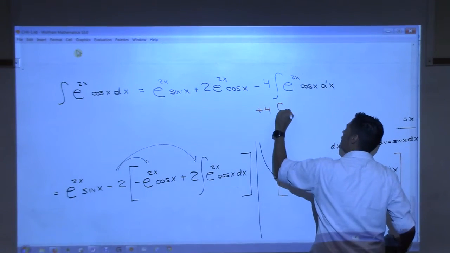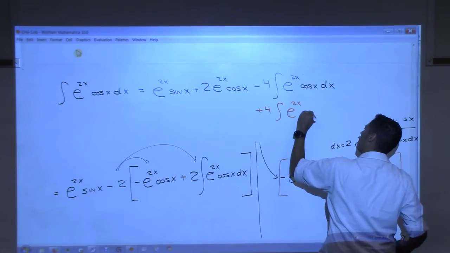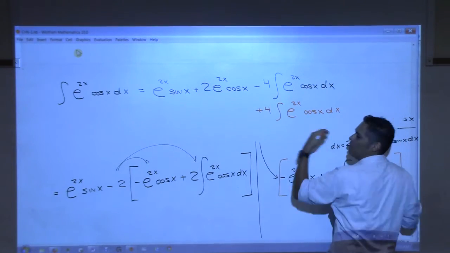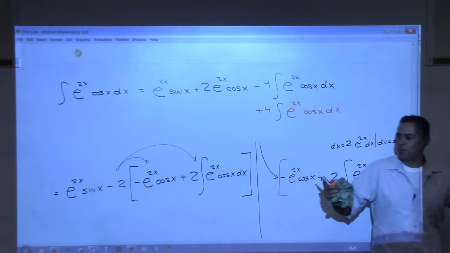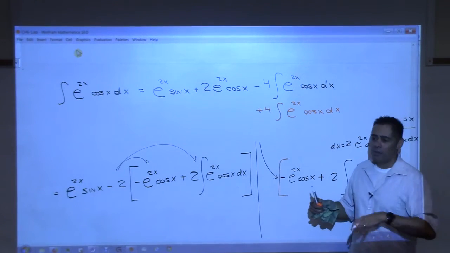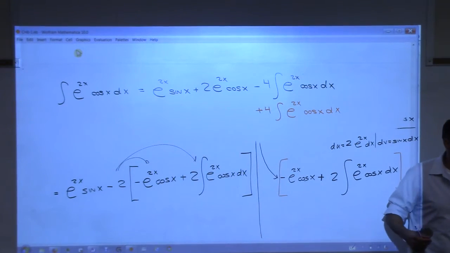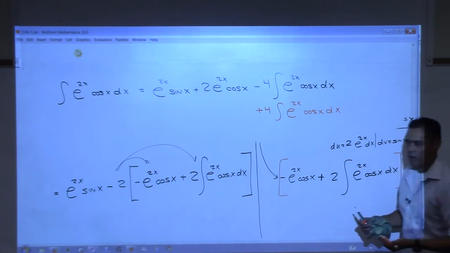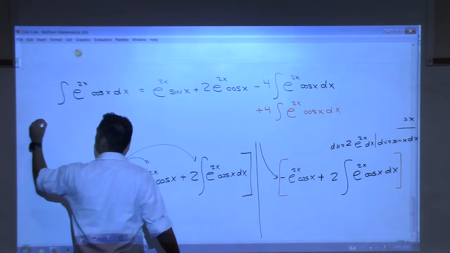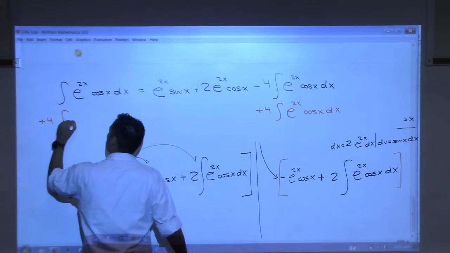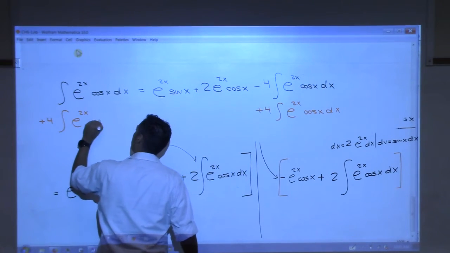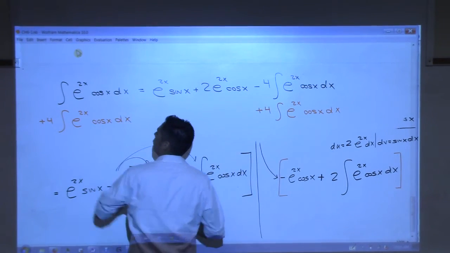I don't think you've ever done this before. Sure, you've added 3 to both sides. Sure, you've subtracted 5 on both sides. But you've never added 4 integrals on both sides. That's what we're doing. We're algebraically just adding something to both sides of an equation. It's just that the something you're adding is this big old integral.